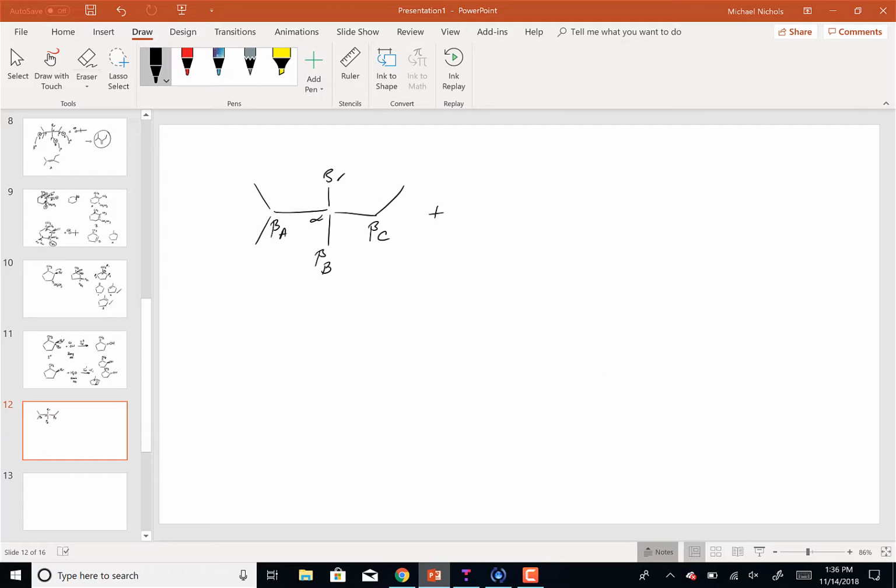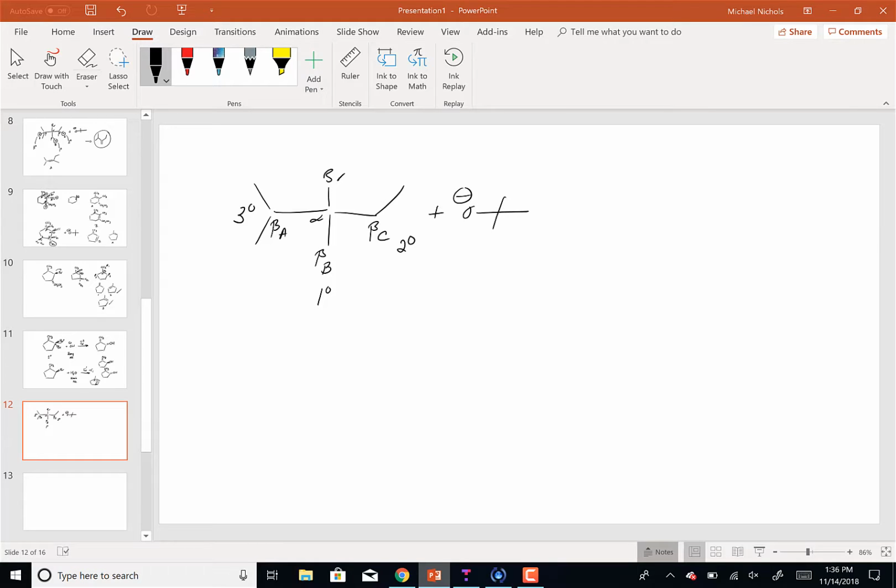So if I'm going to react this with tertiary butoxide, which hydrogen am I removing? Which one? The least sterically hindered, which is B. So this is primary, this is tertiary, and this is secondary.